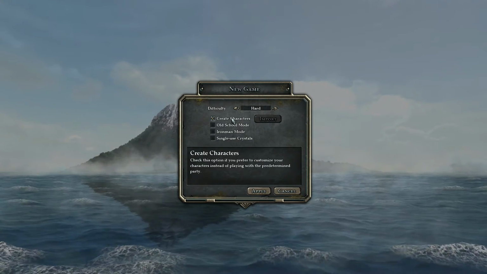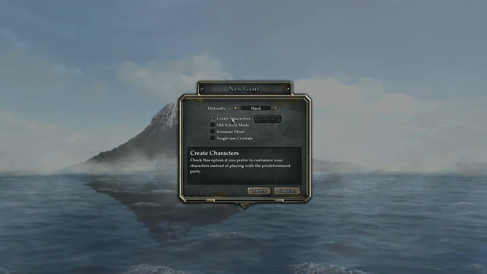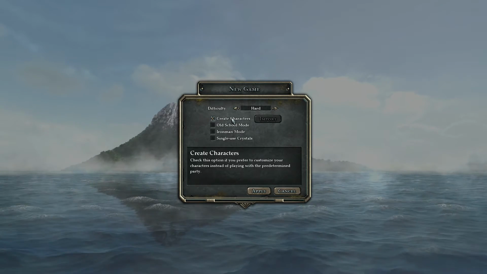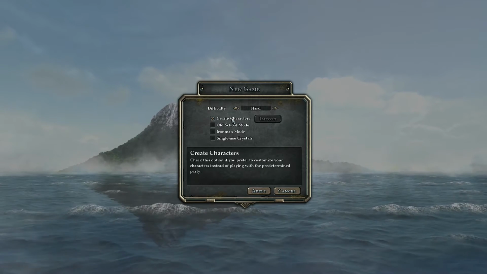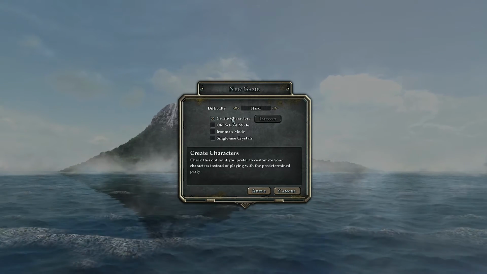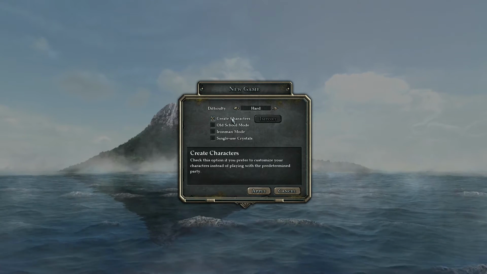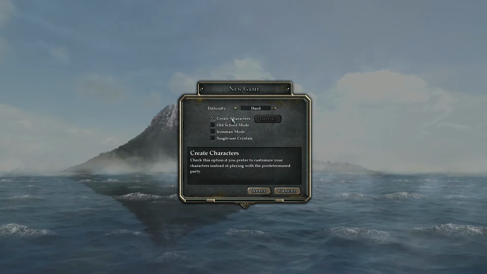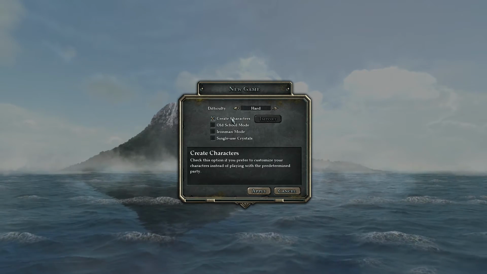If you wanted to, you could play nothing but fighters or knights, and just have them cast that protection spell to give themselves extra armor so that they are just insanely hard to kill. You could do that and just steamroll through the game. It's built to allow you to do that.